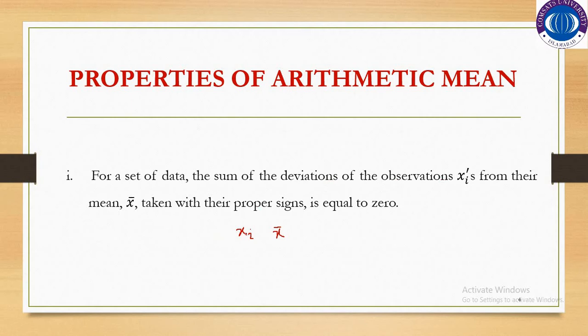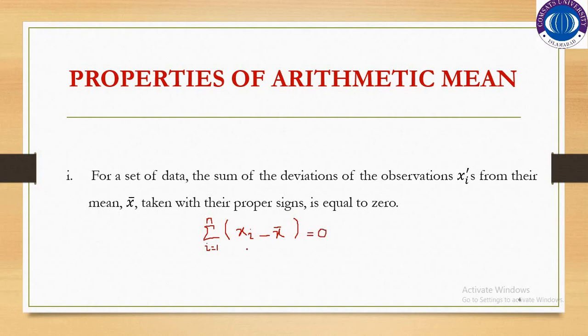Deviation means that you subtract the mean from each observation, and then you sum all the values with their proper signs, either negative or positive. The answer would always be 0.